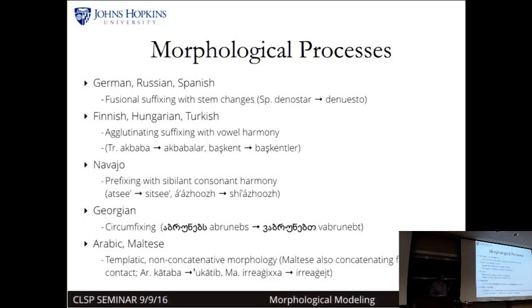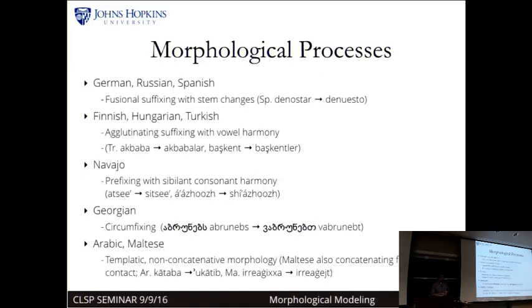Turkish, Hungarian, and Finnish are agglutinating languages with vowel harmony, so they're also suffixing, but they have a more one-to-one ratio between abstract morphemes and suffixes. So not fusional like German, Russian, and Spanish. Navajo is a prefixing language with consonant harmony instead of vowel harmony. Georgian has circumfixing in its vowels.